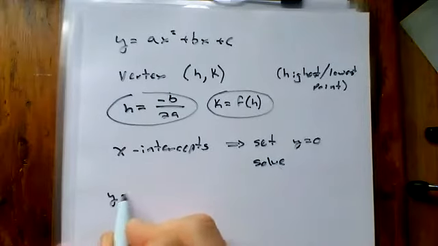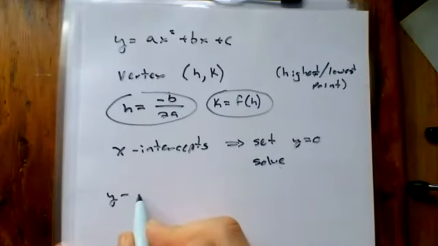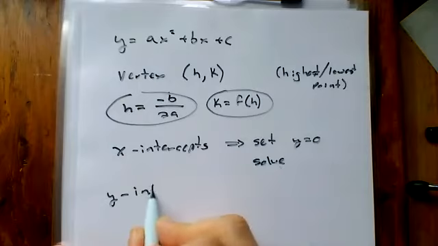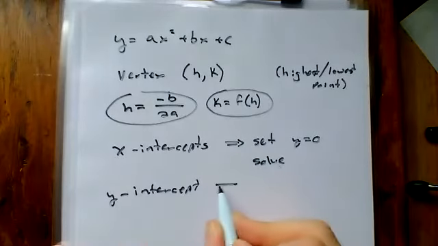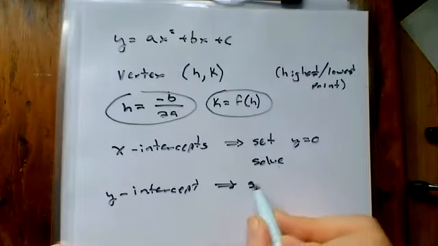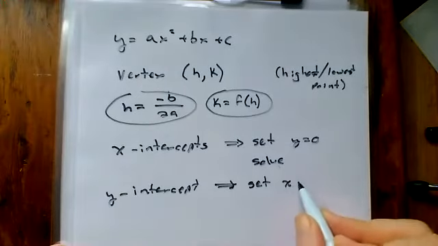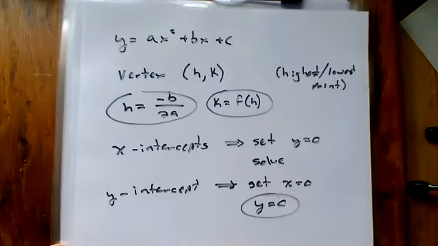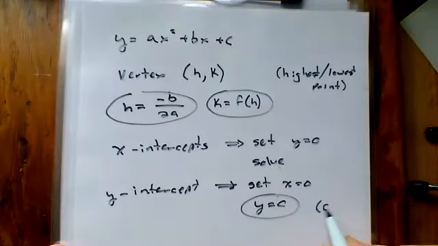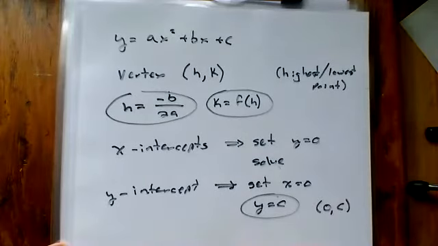For the y-intercepts, and you'll only have one y-intercept if it's in this form, basically as soon as you set x equal to 0, then y is just going to be equal to c. So it's just going to be 0, c no matter what.